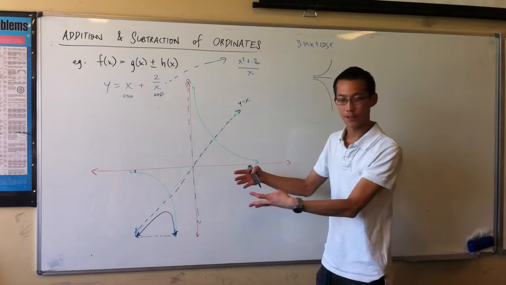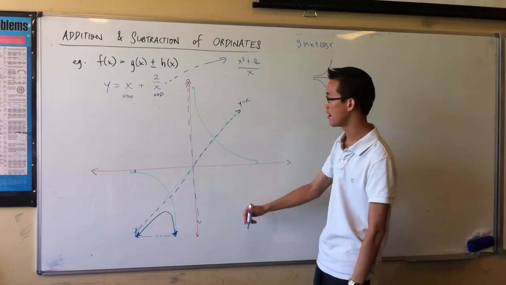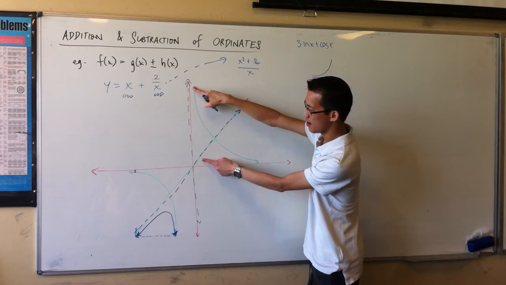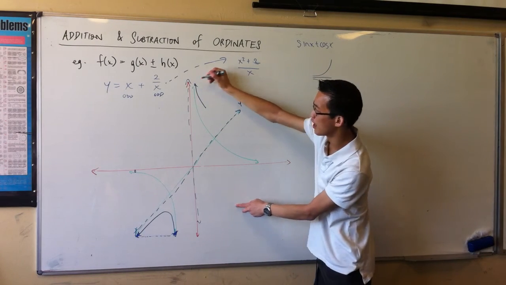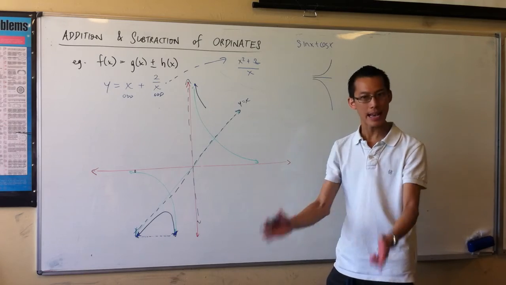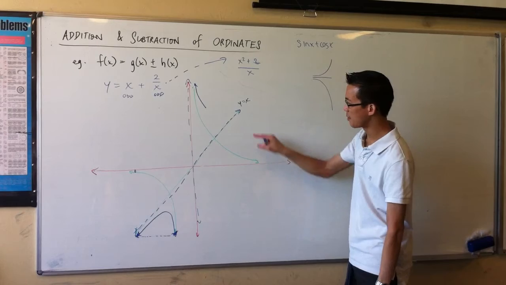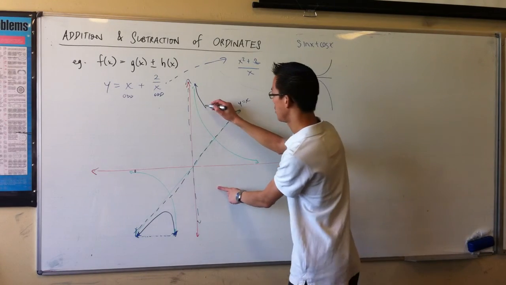Now let me argue for it visually. Over here, close to this x equals 0 asymptote, this function's more significant, and I'm going to be up here plus a little bit, because I've got a little positive value here. So I'm going up like that. In exactly the same way, y equals x is still the oblique asymptote, and I'm going to be here plus a little bit, that distance again.